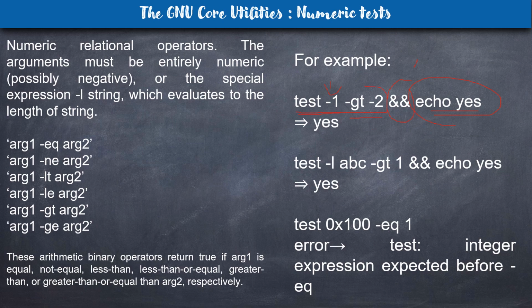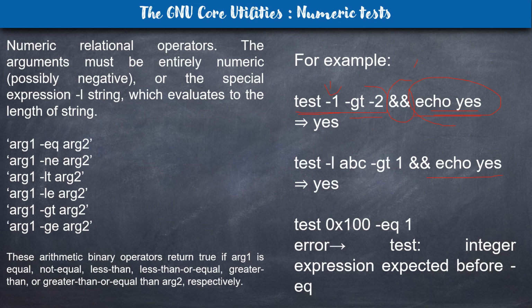Basically, with the and symbol, if the previous command returns true, then the next command is executed, otherwise it will not be executed. So this will test, and if it's correct, it will echo yes. Like this, you can modify the output however you like.